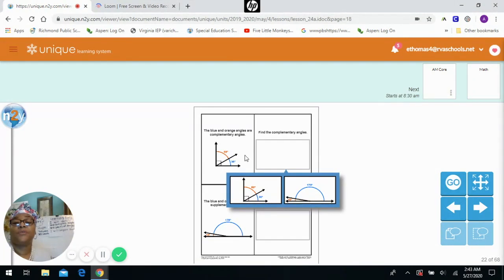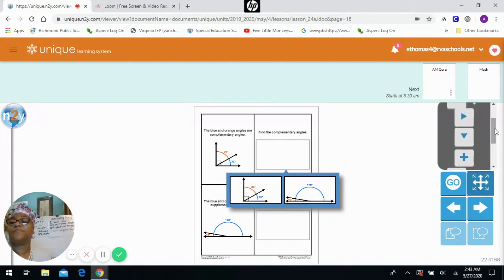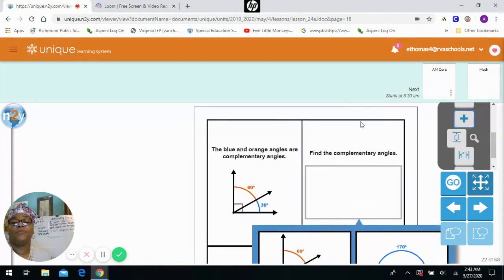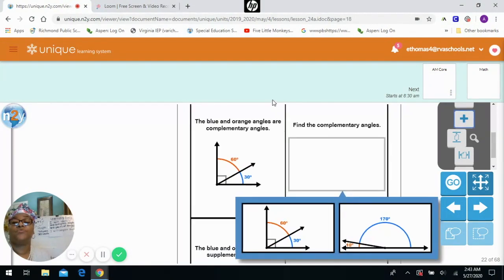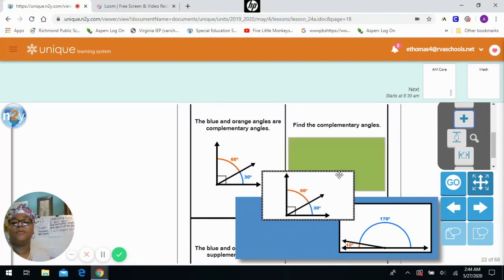What do we say? Complementary angles have to equal what? They have to equal 90. So we're going to drop the 0, and 6 plus 3 is 9, which is 90. So which one would it be?